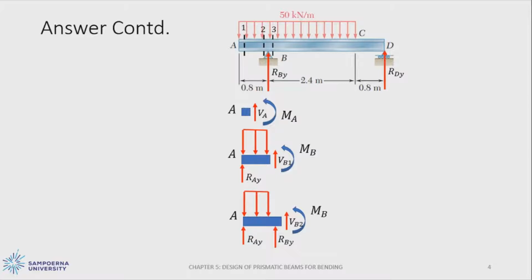We call it VB1, and then we have the right part after reaching point B, which we call VB2.